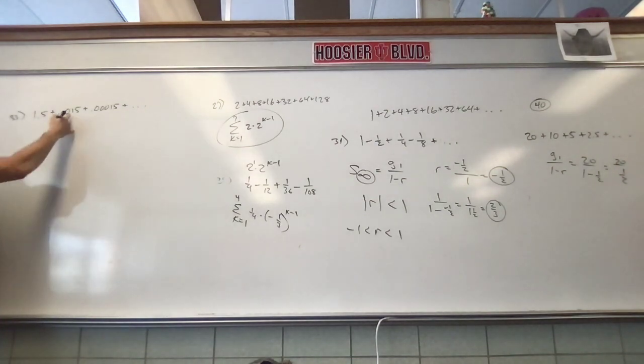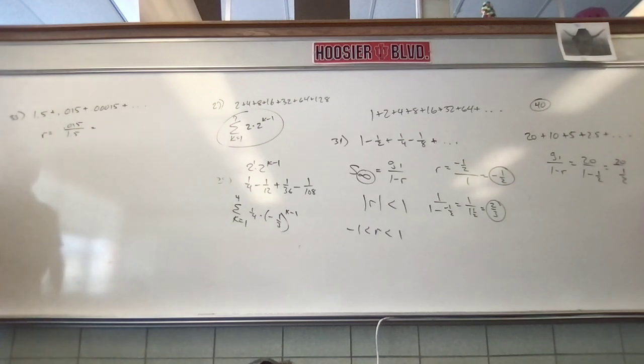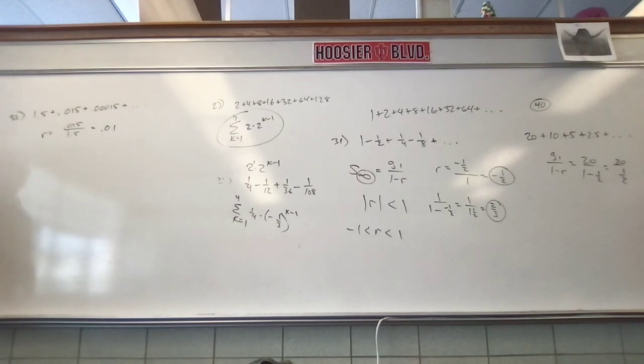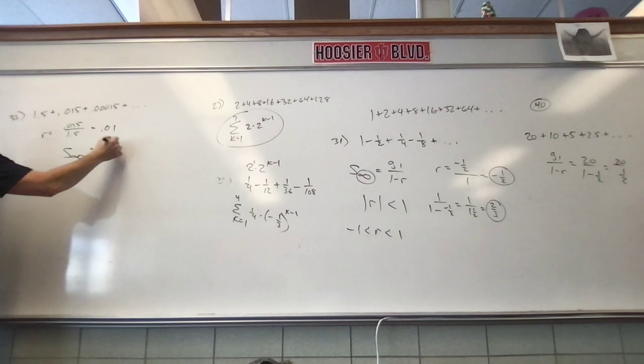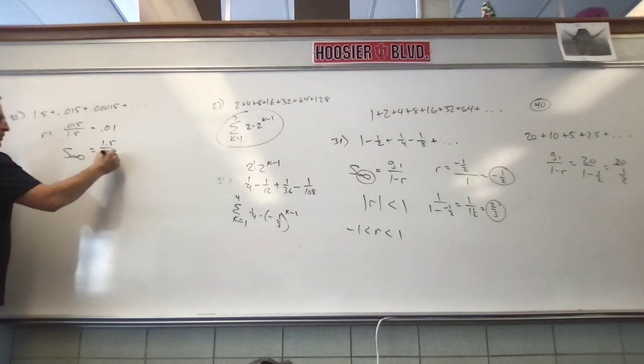To find our rate, we take 0.015 divided by 1.5. If you do that, what I'm going to get here is 0.01. So that's our rate. The sum of this infinite series is our first term, 1.5, over 1 minus our rate, 0.01.